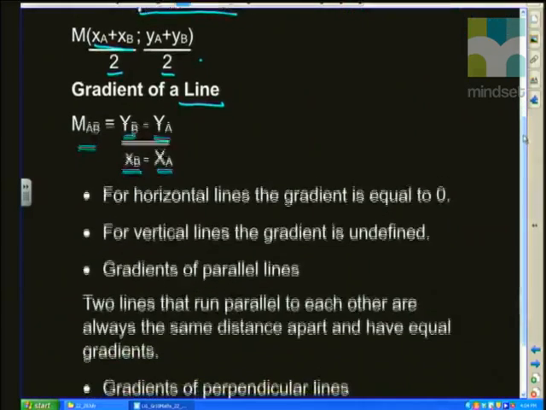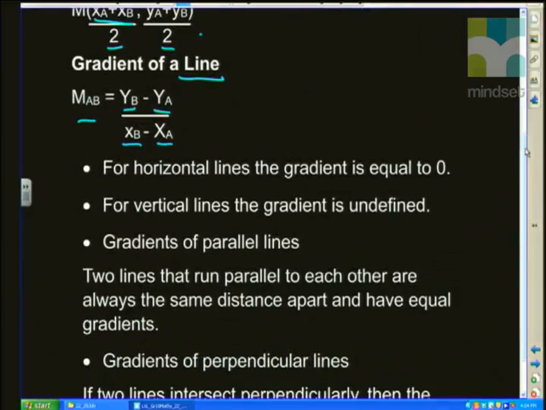Now what I also want to remind you about, just touching on gradients, is that when we look at horizontal lines, so if this is your axis, or your axes, if you have a horizontal line, so that's just a line going straight through the y-axis, all right? The gradient of that line is equal to 0.